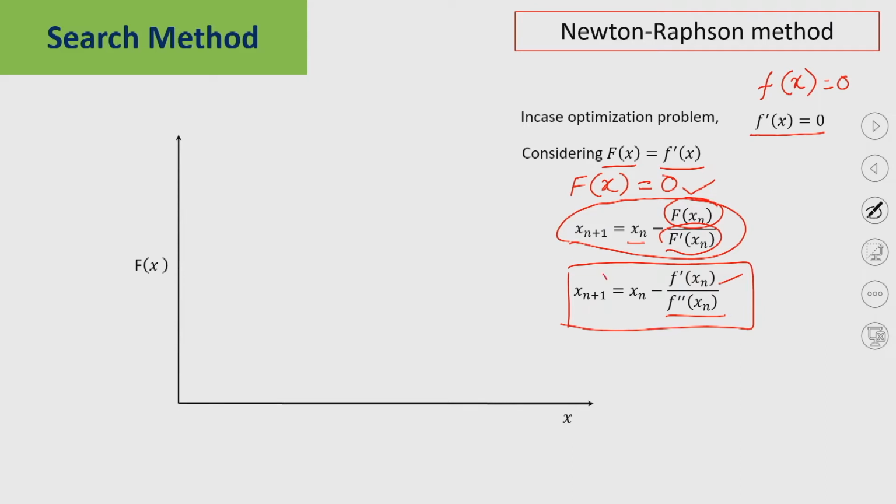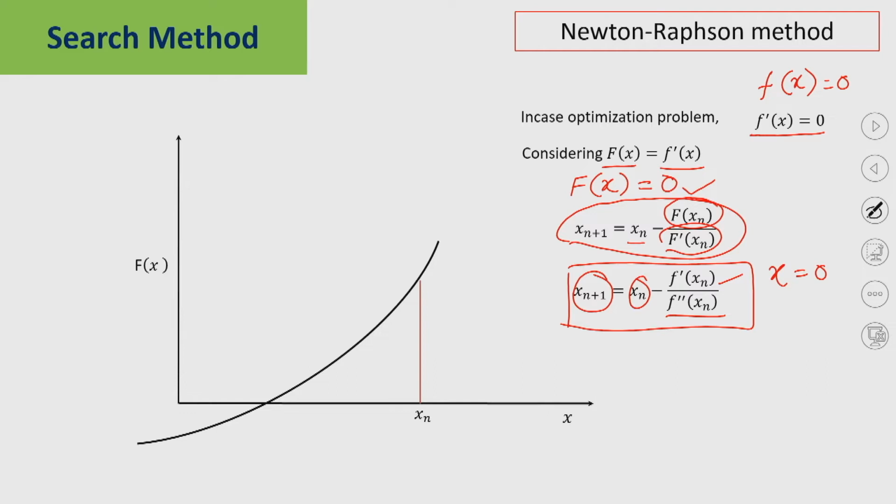This is an iterative equation, that means I can find x(n+1), which is equal to x(n), where we start with x(n), suppose x equal to 0, and x(n) minus first derivative at x(n) divided by second derivative at x(n). So I am getting this equation. This is your Newton-Raphson method, and I can find the root of the capital F(x) function, and that will be the optimal solution of the original function.